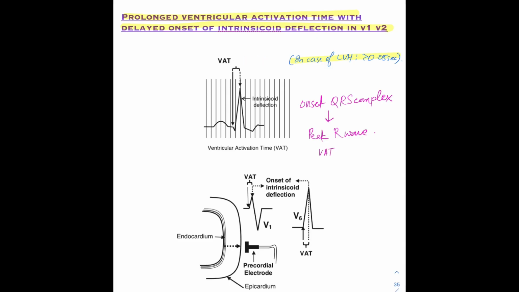The ventricular activation time is prolonged in case of RVH and turns out to be more than 0.05 seconds in case of LVH, and in case of RVH it will be more than 0.03 seconds. Okay, so there is prolongation of the ventricular activation time.